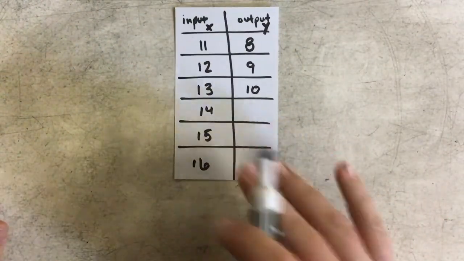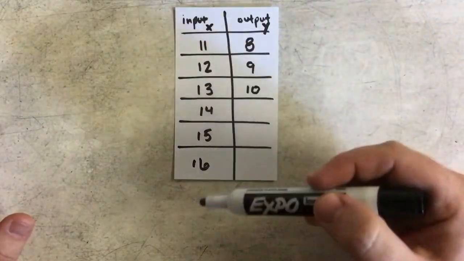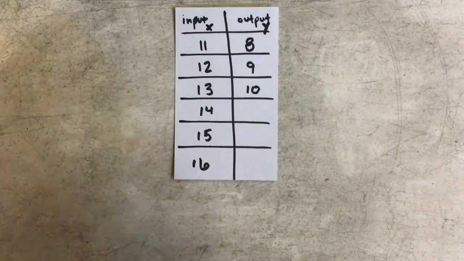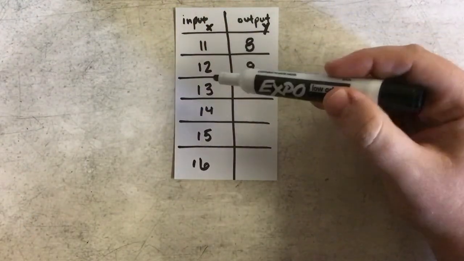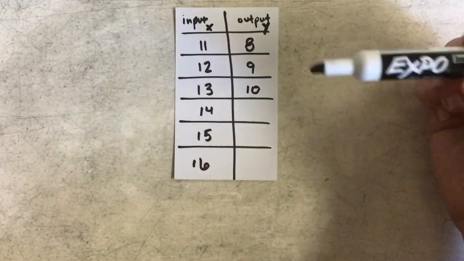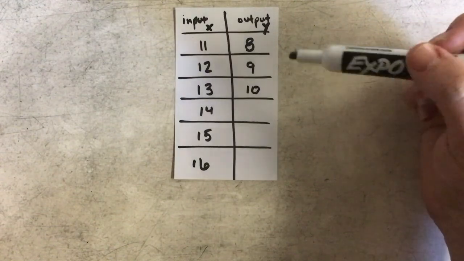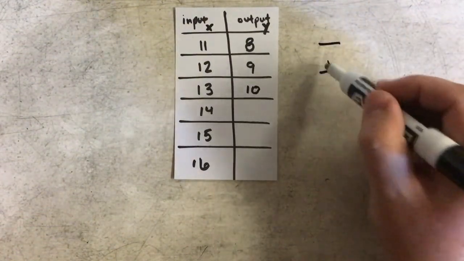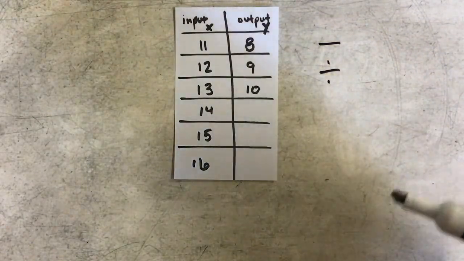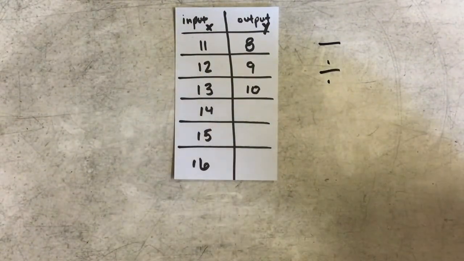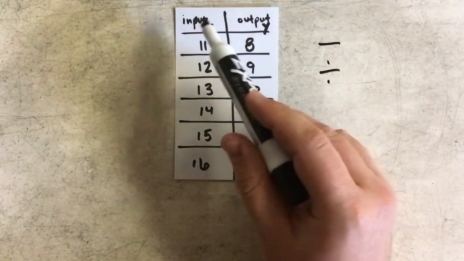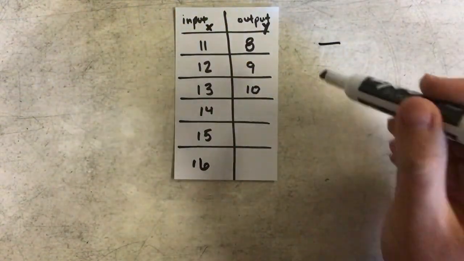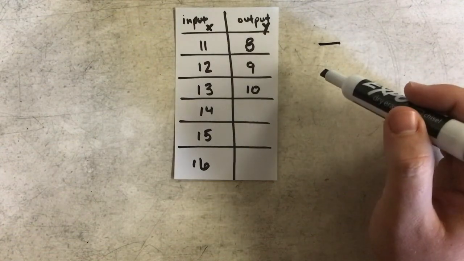In this example, again, I have my input numbers here and my output numbers here, and I see that my numbers are actually getting smaller this time. To get from 11 to 8, I had to either subtract a number or divide. Those are the only two operations that I could do to make my numbers smaller. Well, I can't divide 11 by anything to get me 8, so I know that I must be using a subtraction rule.